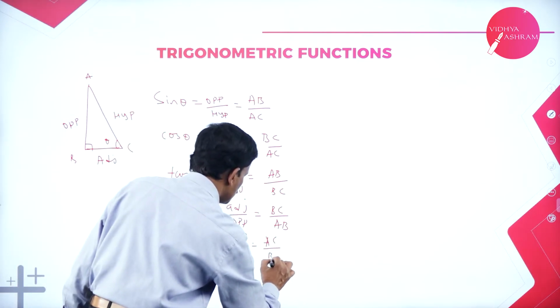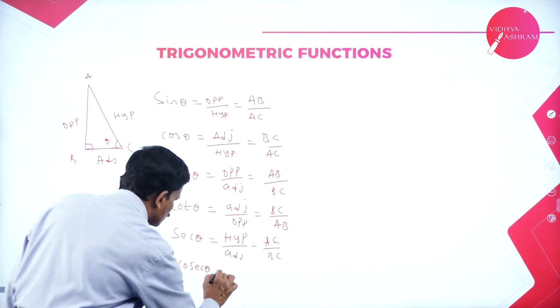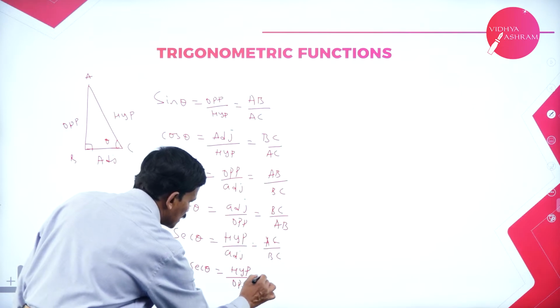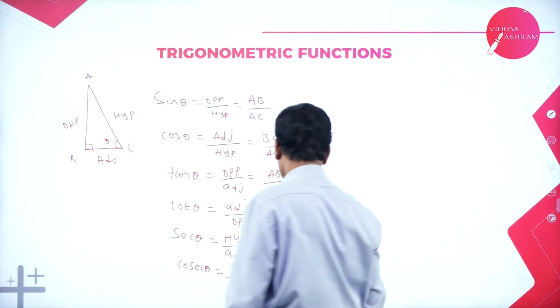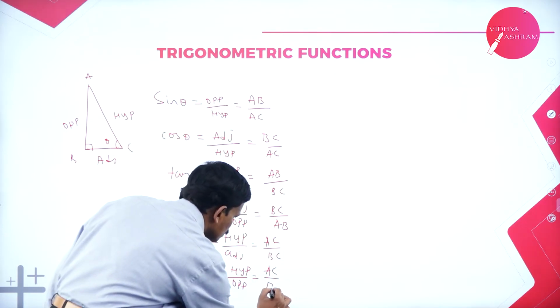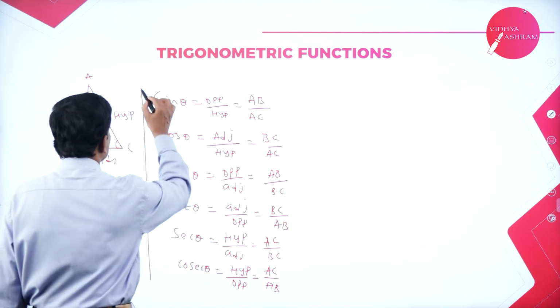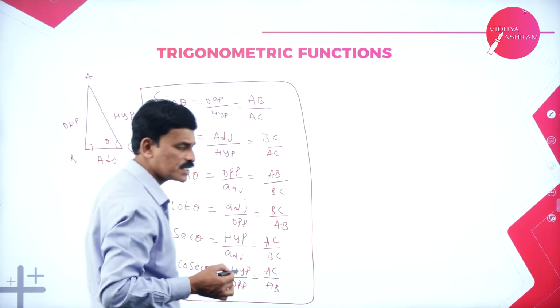AC divided by BC. And finally, the cosecant of angle theta, cosec theta, is equal to hypotenuse by opposite side. What is hypotenuse? AC divided by AB. So these are the 6 trigonometrical functions you might have studied in your previous classes.